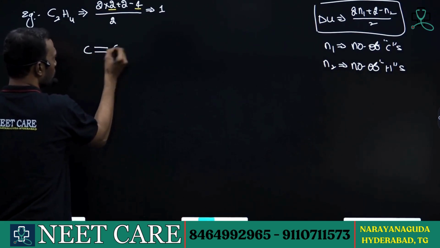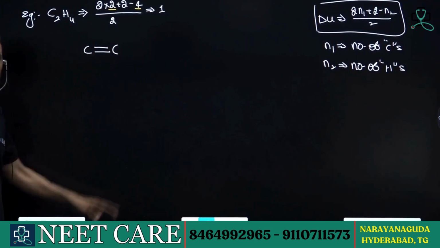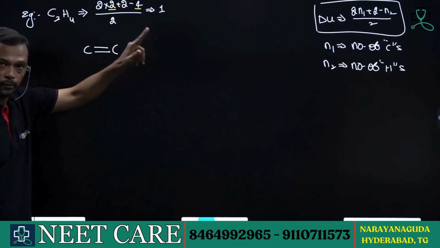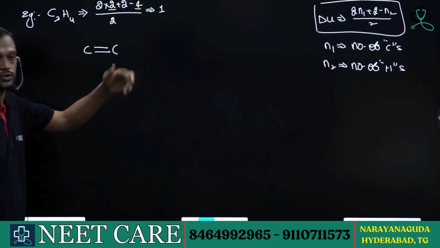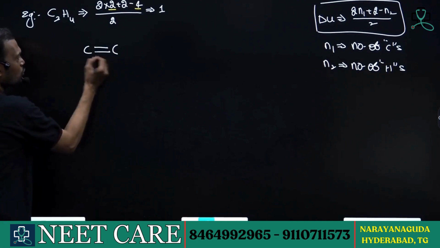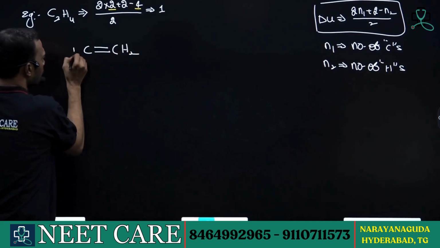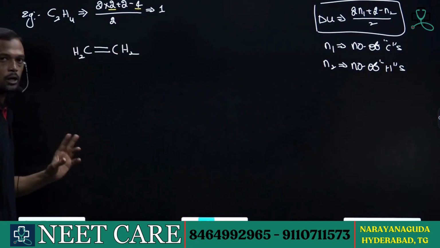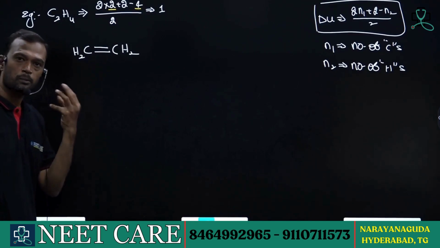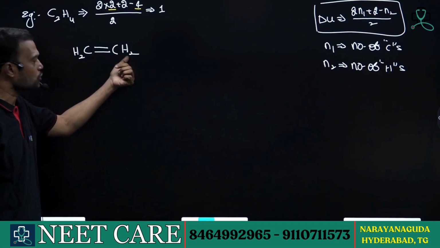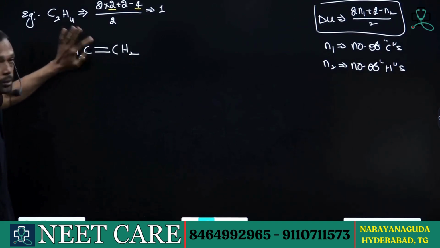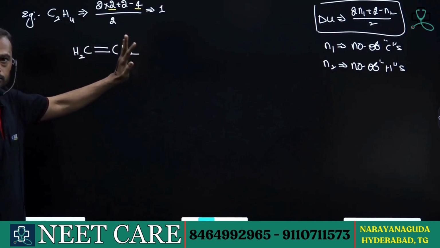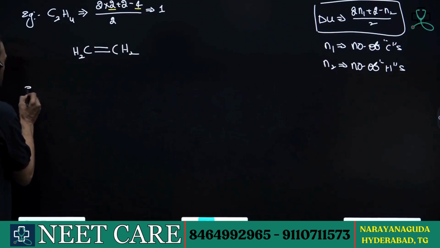Then write one more pi bond, because one DU indicates one pi bond. Then balance the remaining valences with hydrogens. Here this carbon already has 2 bonds, and carbon valence is 4, so I substituted 2 hydrogens on each side. Now this is the structure of this formula. Only one structure you can create. That is the end of this molecule.